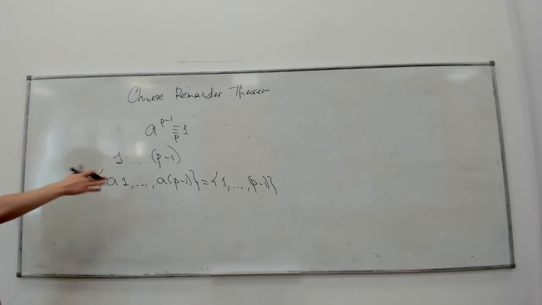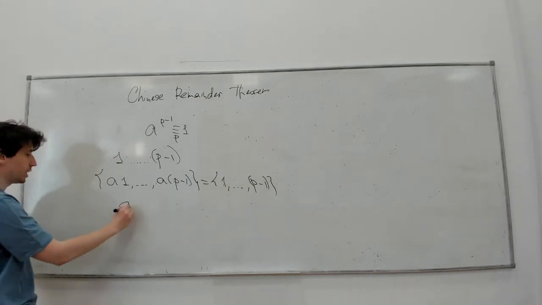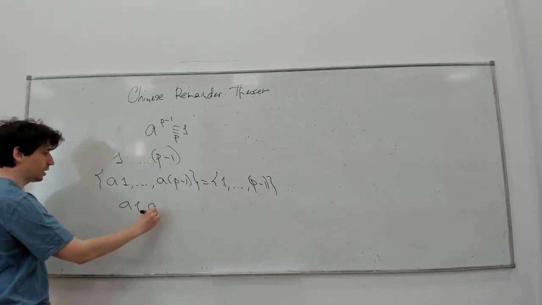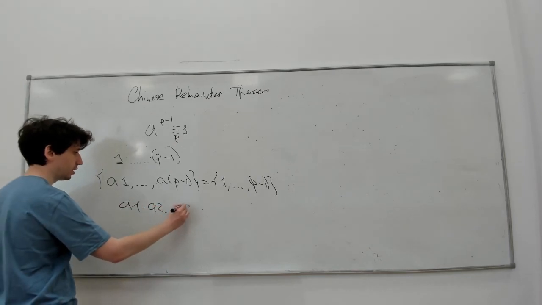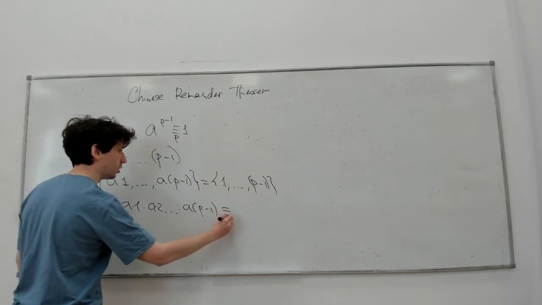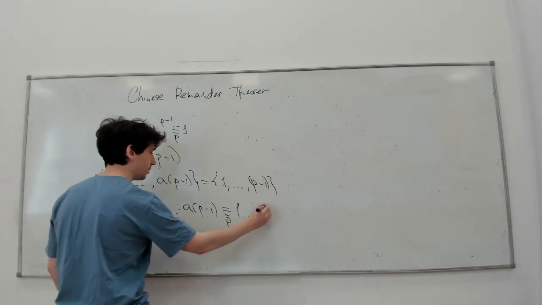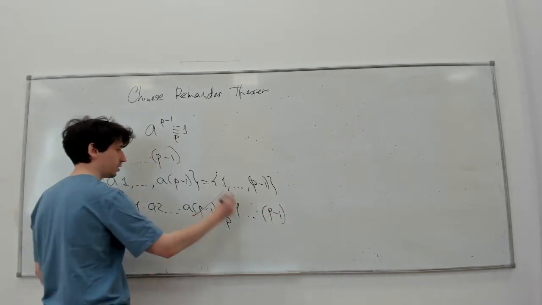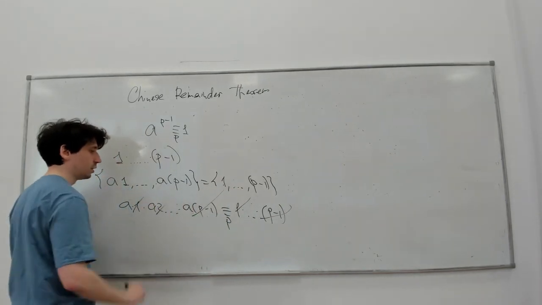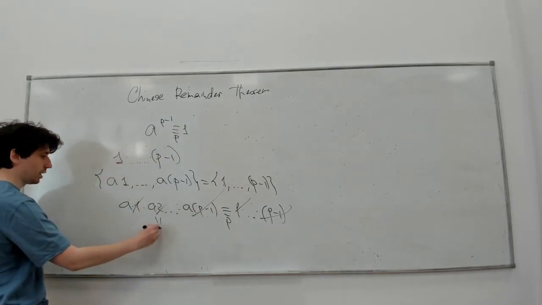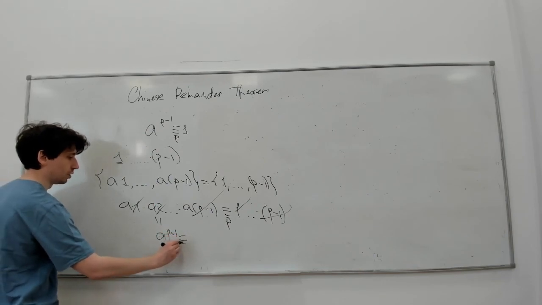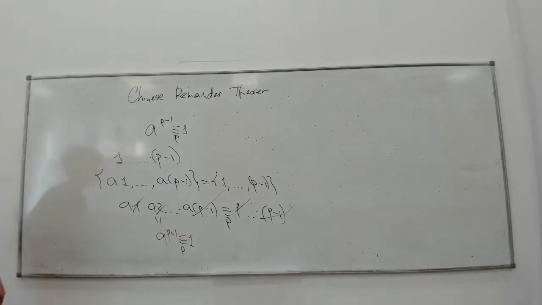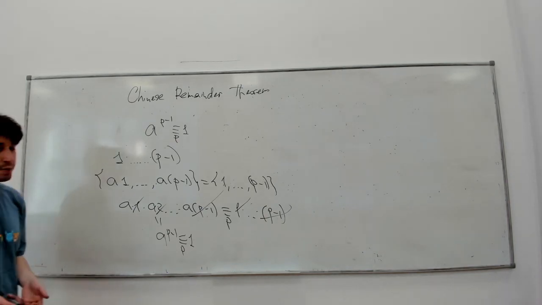So if the sets are the same, then we can take a1 times a2 and so on up to a(p minus 1), which modulo p equals 1 times 2 and so on up to p minus 1. You can strike out everything on the left and right that is the same, and then you will be left with a to the power p minus 1 modulo p, which is 1.